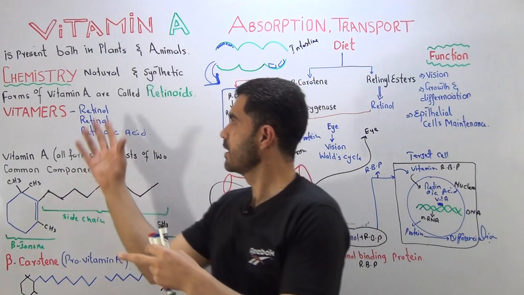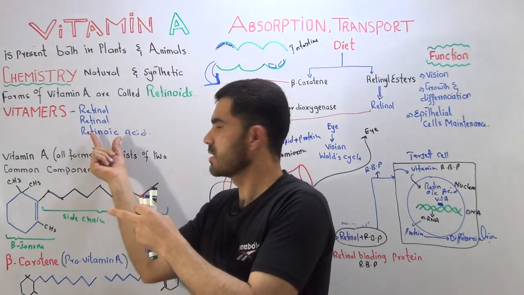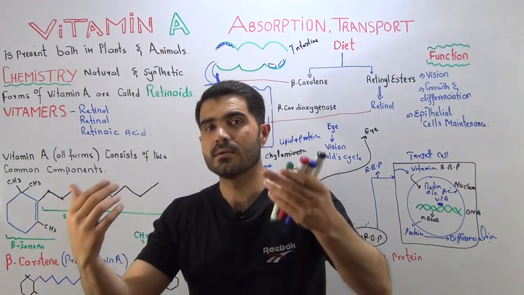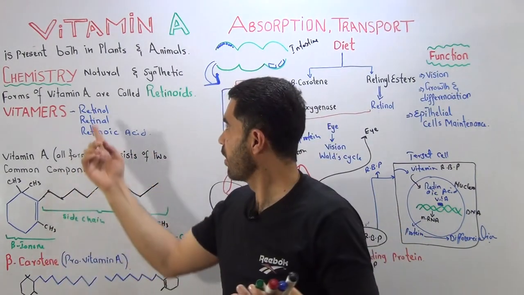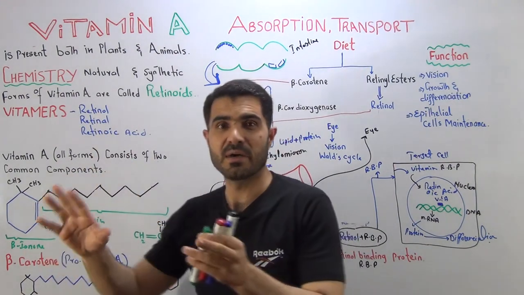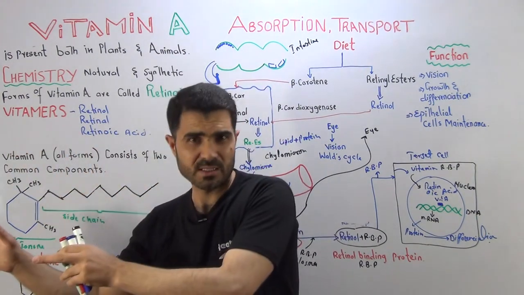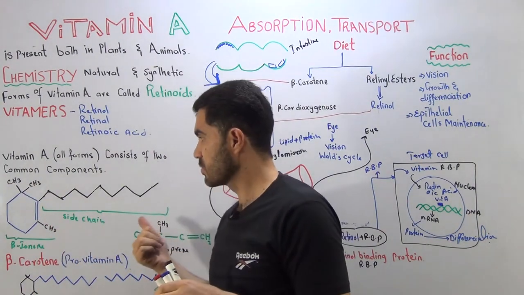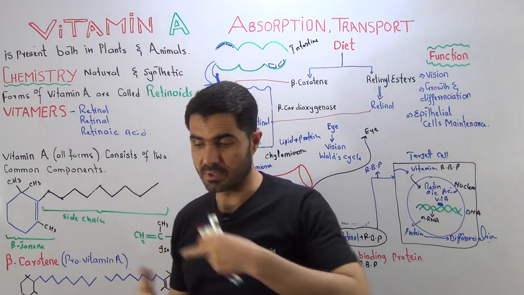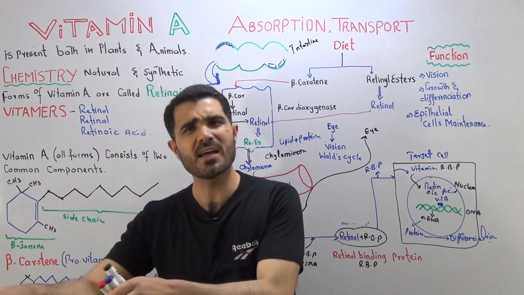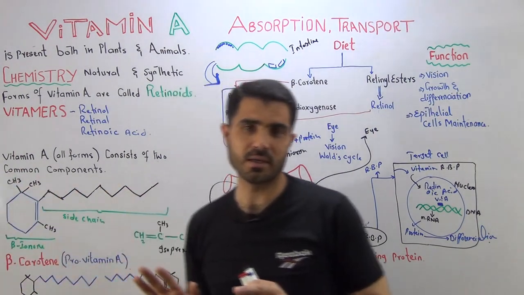If you want to get the idea of this, I have already given a detailed description of retinol, retinoic acid, even beta carotene in one of my video lectures, because I knew that when it comes to the lecture I would have to revise it again, and it would take a lot of time. So, in order to save time, I have already recorded a video for this.